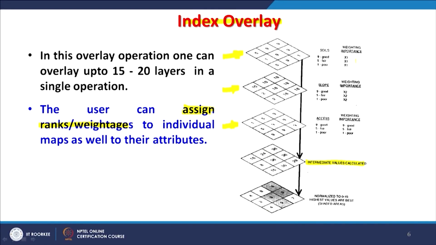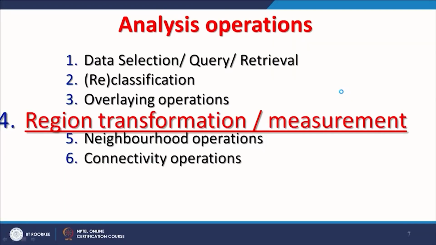We can assign different weightages here, like weighting for slope, for saying good, fair, poor, and something like that. So different attributes of different layers can be assigned weightages, and then analysis can be performed through this concept of index overlay.